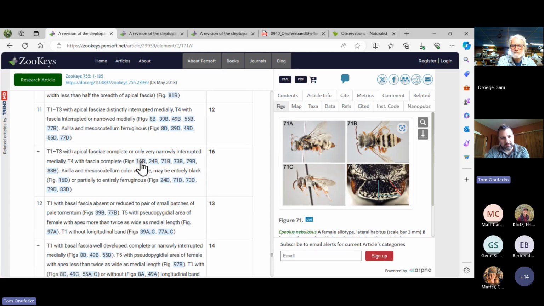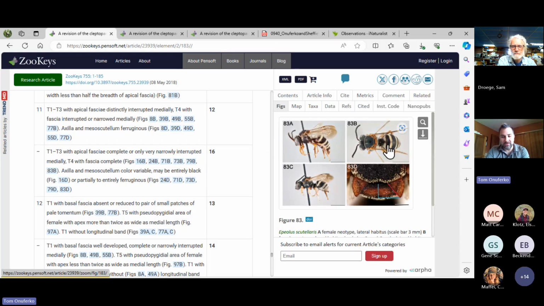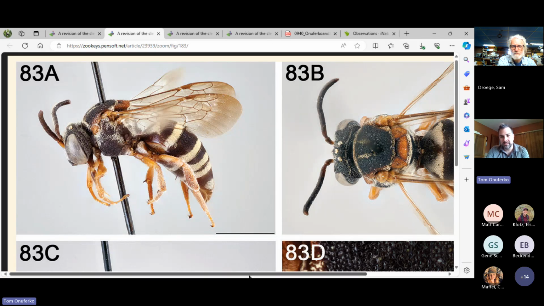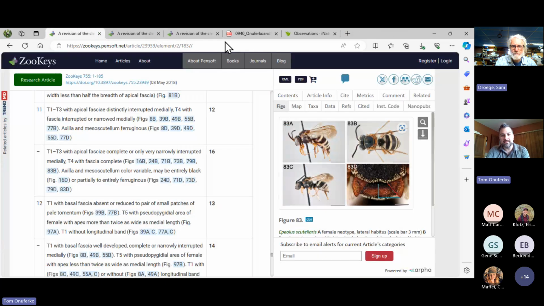Epeolus autumnalis might have been a bad example, because that's a species where it's a little more borderline, whereas here in Epeolus scutularis, it clearly isn't. That little line here is pubescence that was scratched off, so that's another thing to be mindful of. It looks like the middle point is actually here.